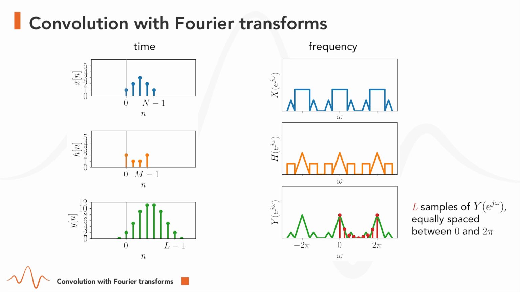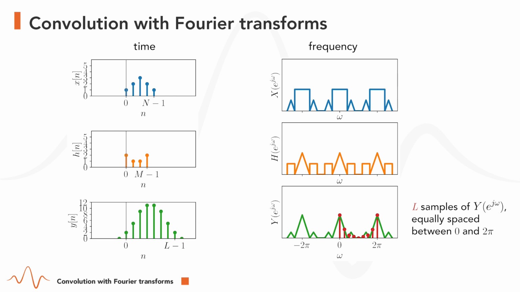Since we know that the discrete time Fourier transform of y of n, denoted by capital Y, is the multiplication of capital H and capital X, which are the discrete time Fourier transforms of h and x respectively, then to evaluate Y at these points of interest, it suffices to evaluate capital H and capital X at these very same points of interest.